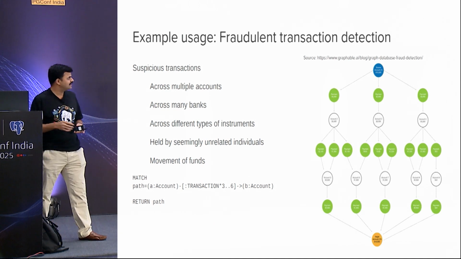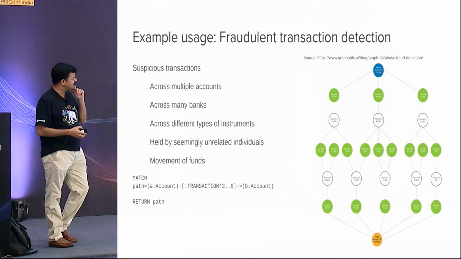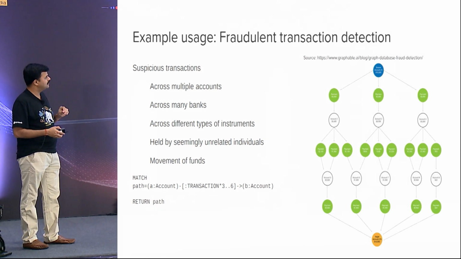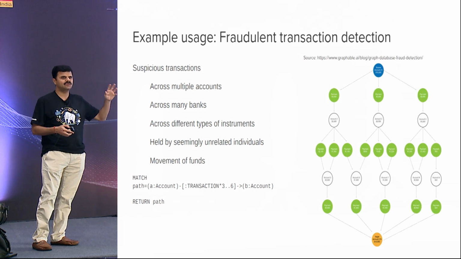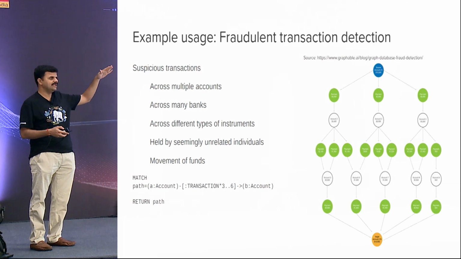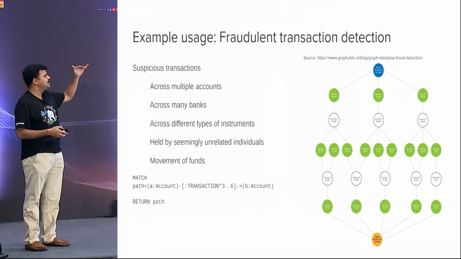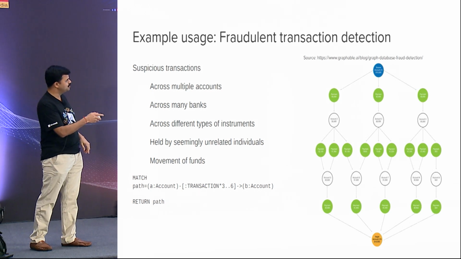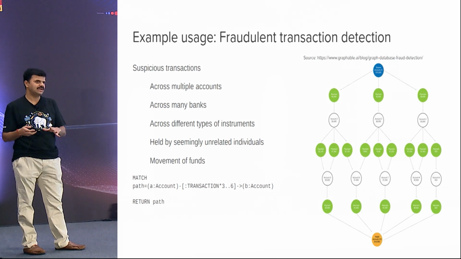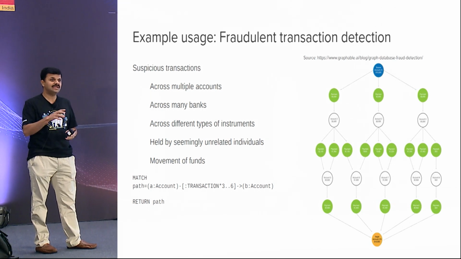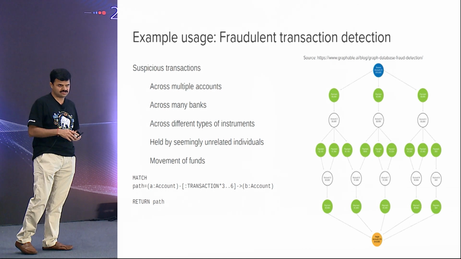So here is an example of one of the fraud detection techniques where money, or anything of value, gets transferred from one entity, one person, to another person, in this case blue and orange, through many different financial instruments and many different unrelated users.